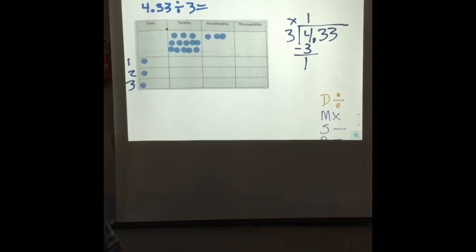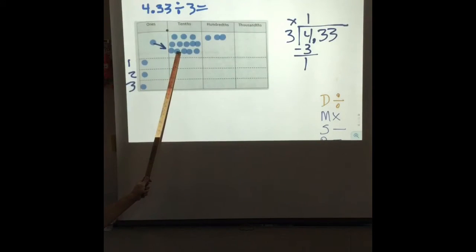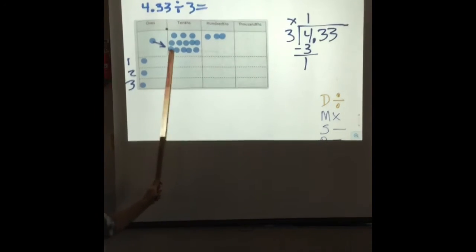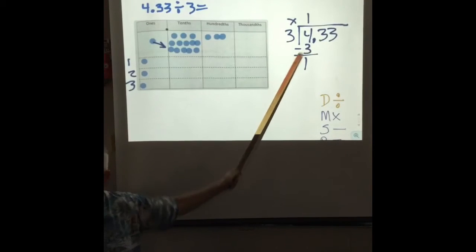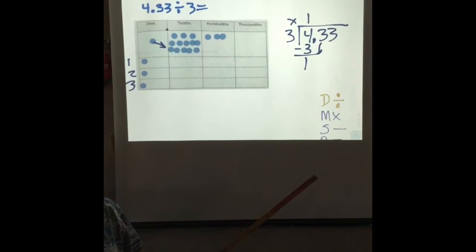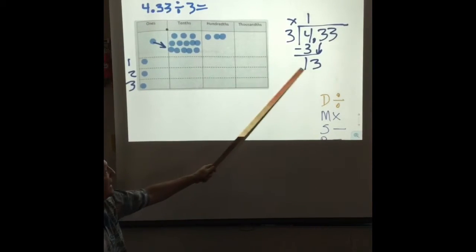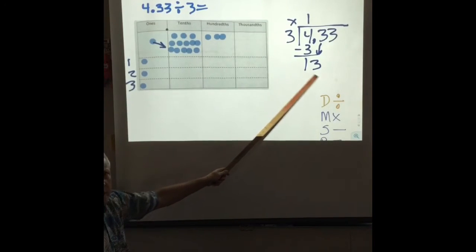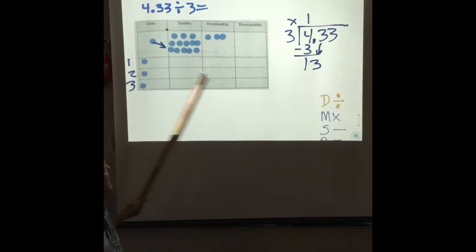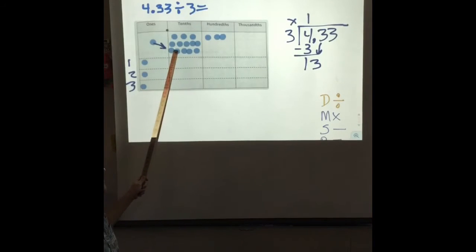Do you remember I had 1 dot here that I moved over? Right? I have this 1 dot that I moved over. Now, what that means on this chart is when I bring this 3 down, how many do I have? I have 13, right? 13. Well, this 1 dot, when I move it over, this is 10.